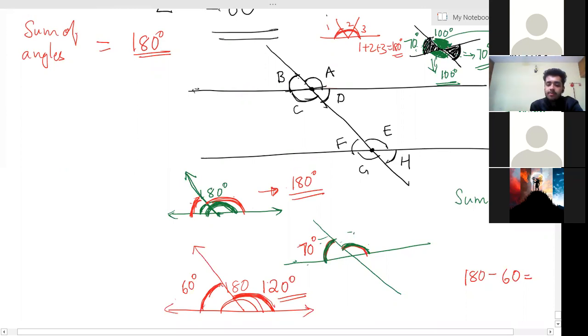Similarly, now tell me, if this is 70 degrees, how much will this be? This is a straight line, remember. The total is 180. Now only this part is 70. What about the remaining part?